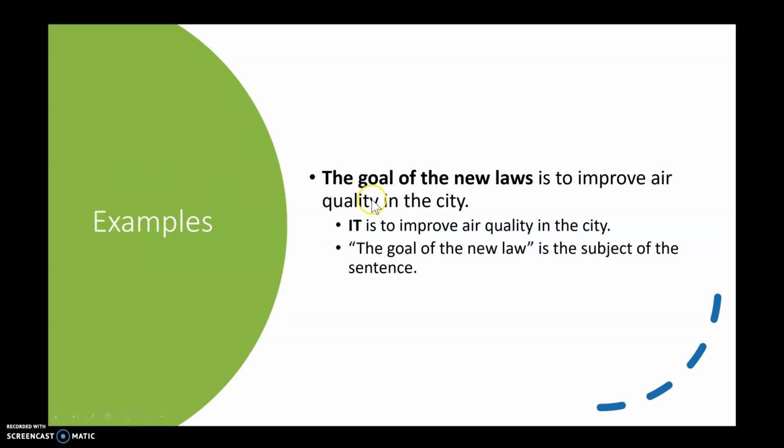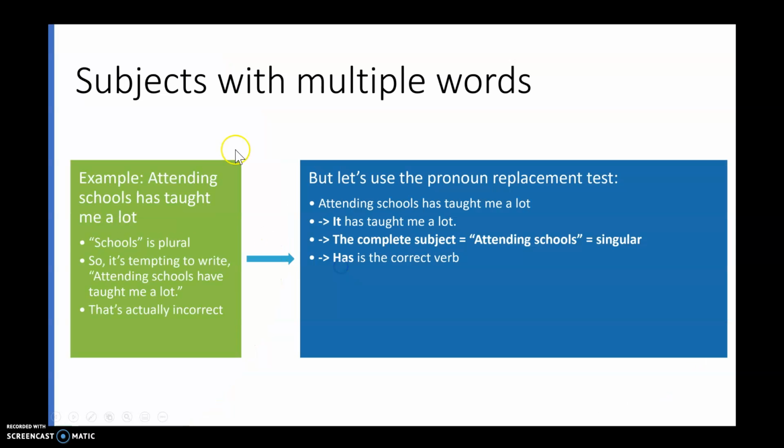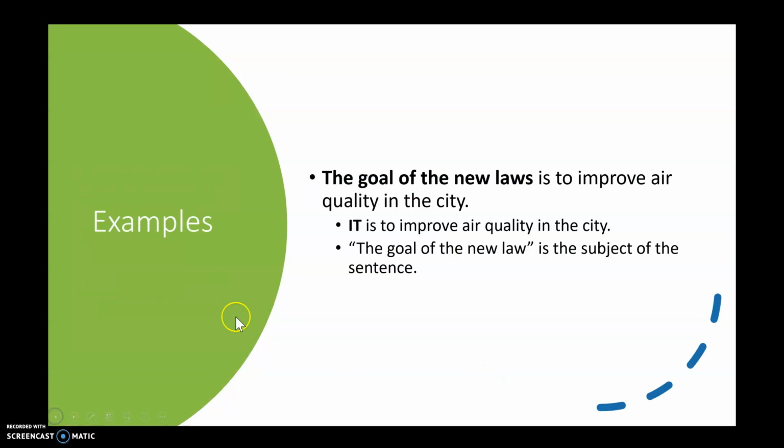So let's look at the same example. "The goal of the new laws is to improve air quality in the city." "It is to improve air quality in the city." The goal of the new laws is the subject of the sentence. So since you can replace the goal of the new laws with it, that means the subject is singular, and "is" is the proper verb there.